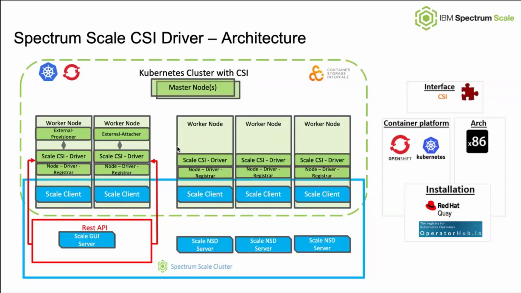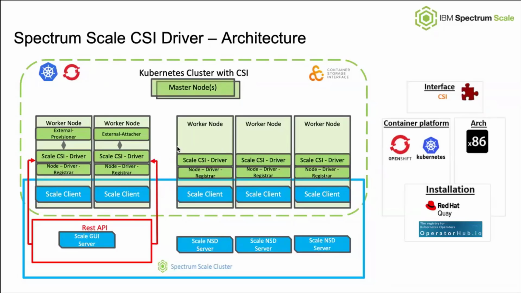So CSI is a standard specification that is implemented by the Spectrum Scale CSI driver. Any of the storage plugins who need to provide persistent storage need to implement this standard specification, and Kubernetes talks with our storage using the CSI spec.